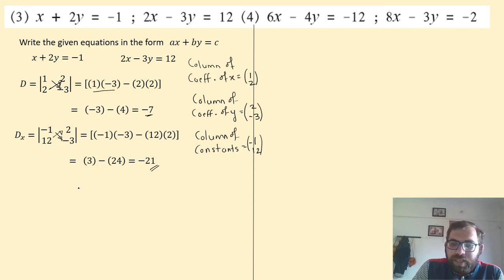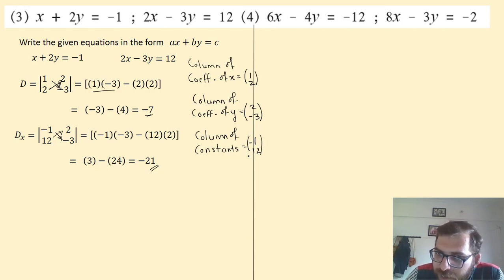Let us get dy. How do we get the dy? We get the dy by replacing the column of coefficients of y in d by the column of constants. So what is the column of coefficients of y? 2 and minus 3.